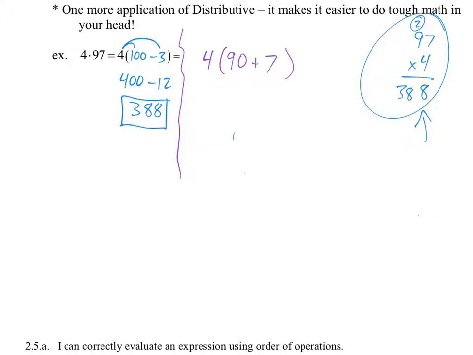Yes? 4 times 90 is kind of a pain, but what's 4 times 9? 36. So 4 times 9 is 36, and 4 times 90 would be 360. So this times this is my 360. 4 times 7 is positive 28. So now you need to do 360 plus 28, which is 388.